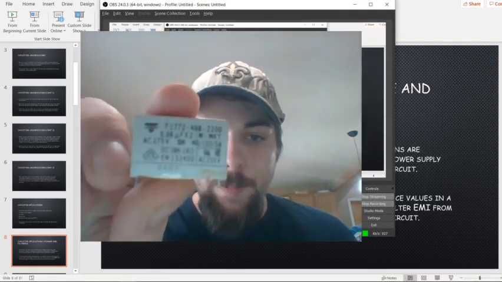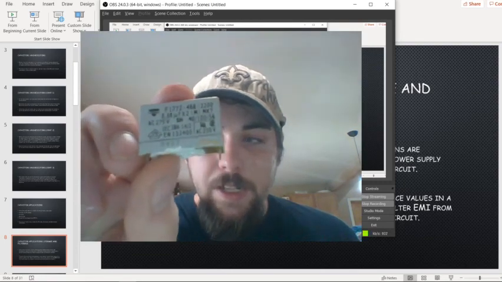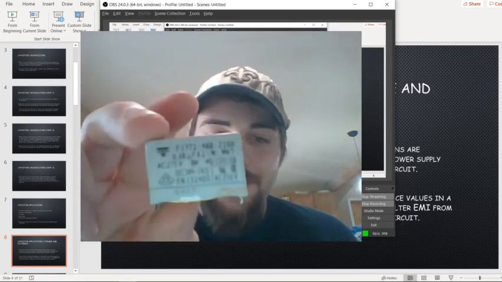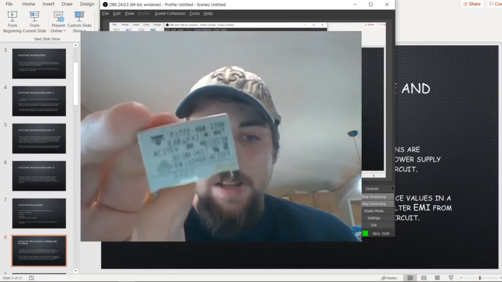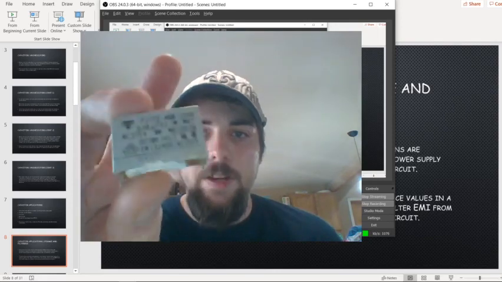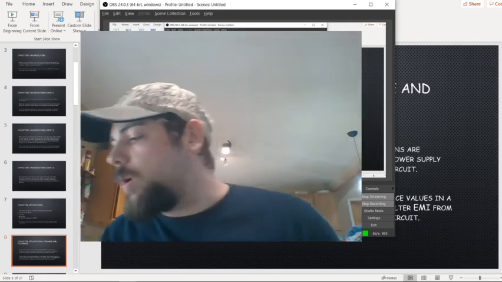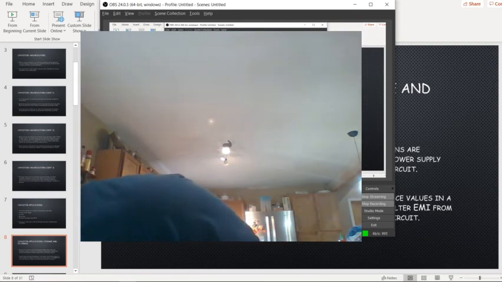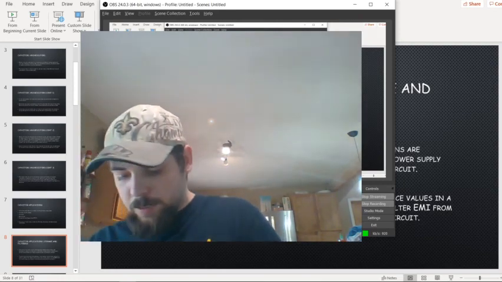So this is a film capacitor, and it's easy to look at. It's easy to spot these ones because they're generally square like this, or that's not a safety capacitor. It's just a blue one. There's one.